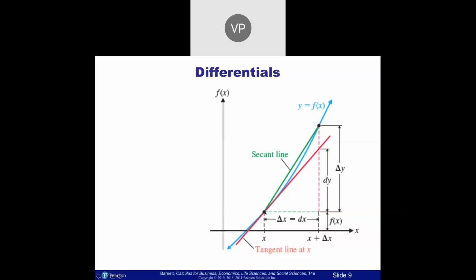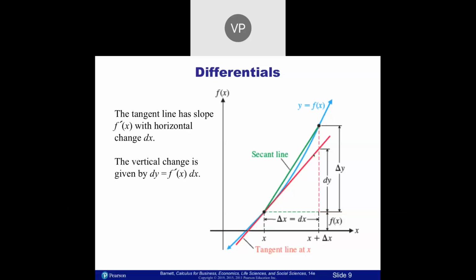And remember, this red line is your tangent line. It's only touching 1 point. And the secant line, as this point gets closer and closer to the original point, meaning as delta x gets smaller and smaller, this green line gets closer and closer to the red one. And that's why we're able to come up with a formula for that. So the tangent line has a slope of the derivative with a horizontal change of dx.